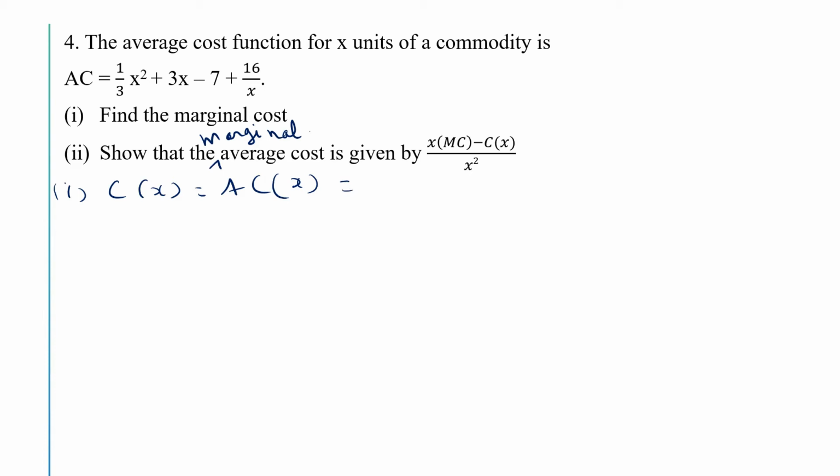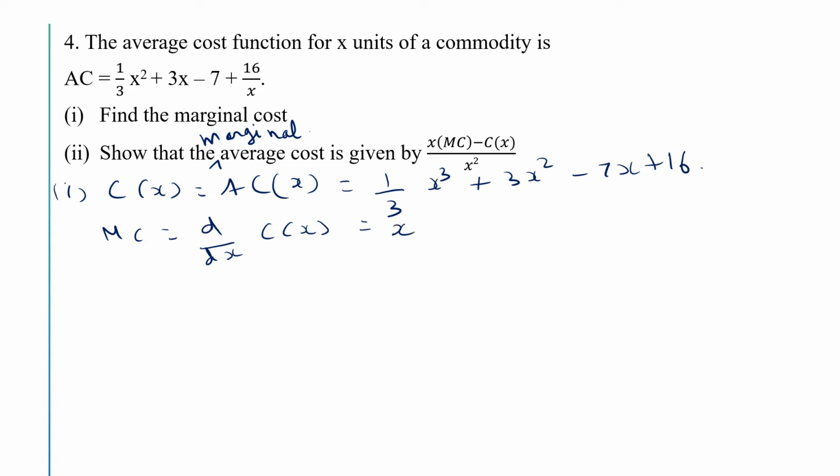So it is 1 by 3 x cube plus 3x square minus 7x plus 16. So the marginal cost is d by dx of the total cost. So it is 1 by 3 into 3x square plus 6x minus 7.